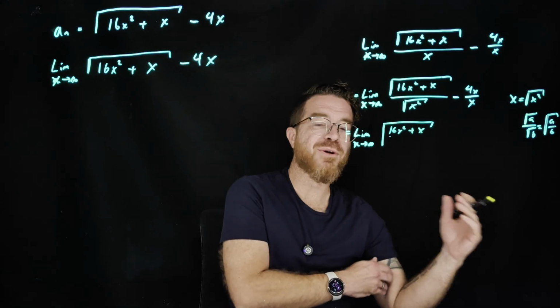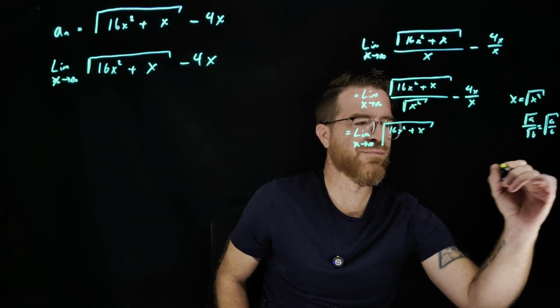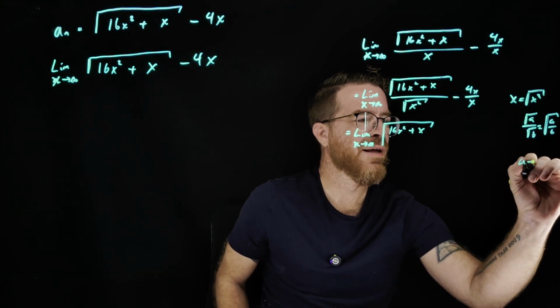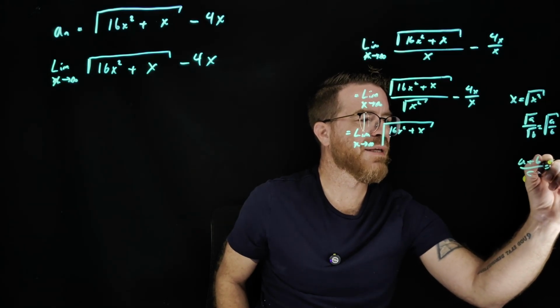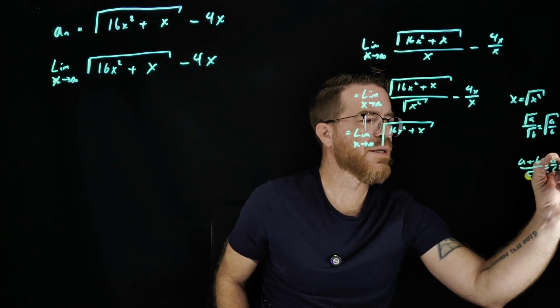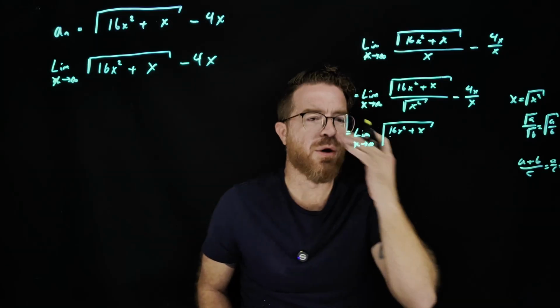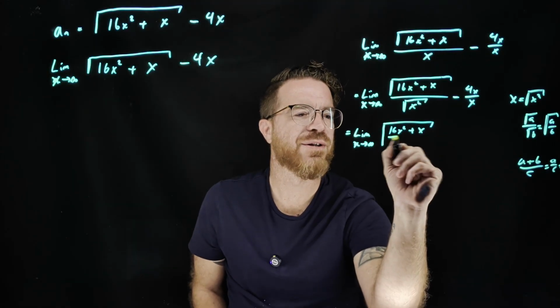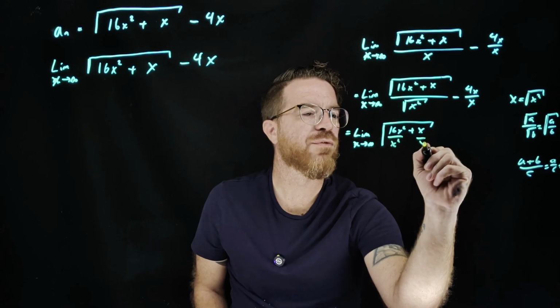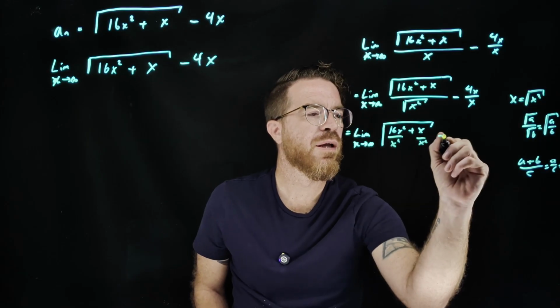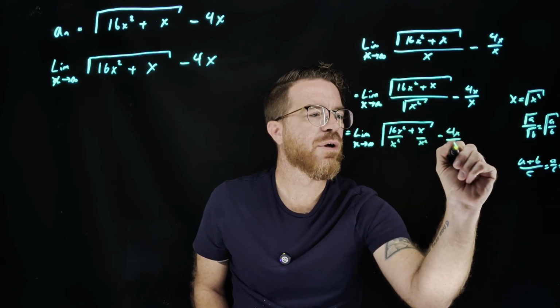But I'm also going to use the rule that if I have something like a plus b over c, this is the same thing as a over c plus b over c. I'm just going to do that now to make things a little faster. So this is going to be 16x squared over x squared plus x over x squared, all in the square root, minus 4x over x.